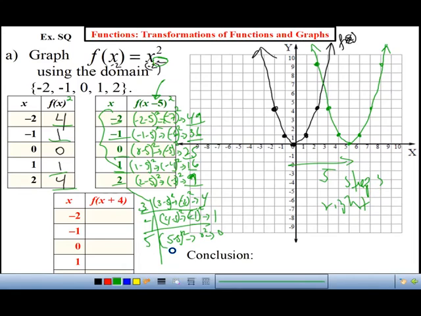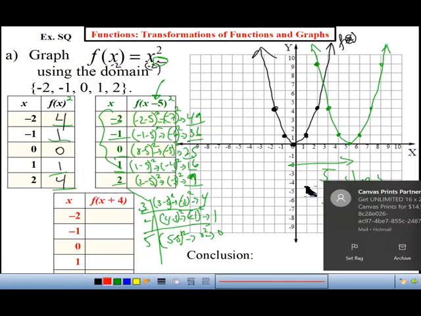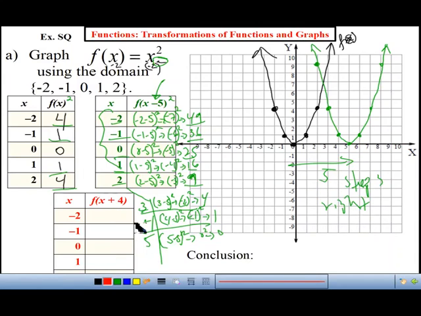Okay, so question. Without filling in this table, if I wanted to graph this transformation f of x plus 4, what do you think this is going to do to the original function? Who's got it? Move it to the left. That is correct. It's going to move it to the left 4 steps. So each of these points, 4 steps.